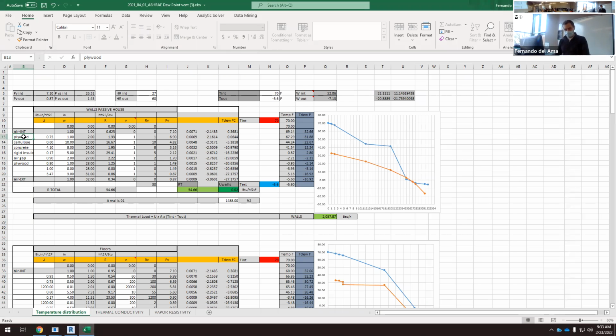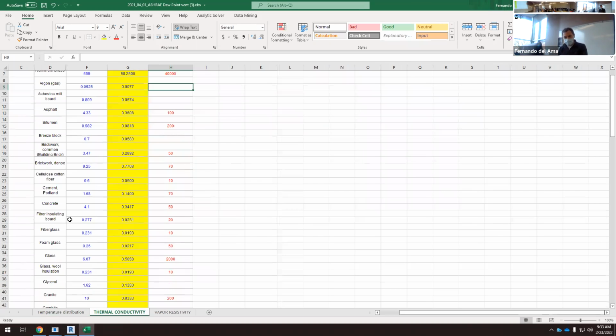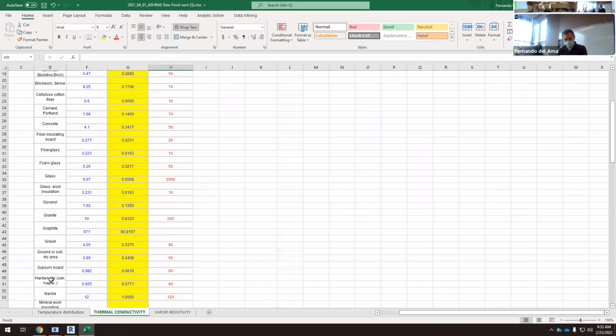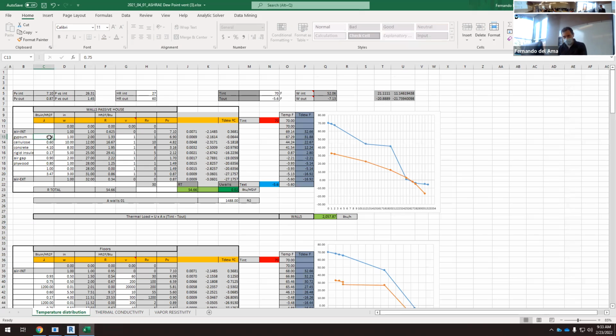Let's do this, gypsum. The width is 1 inch. The thermal conductivity of gypsum is 0.98.